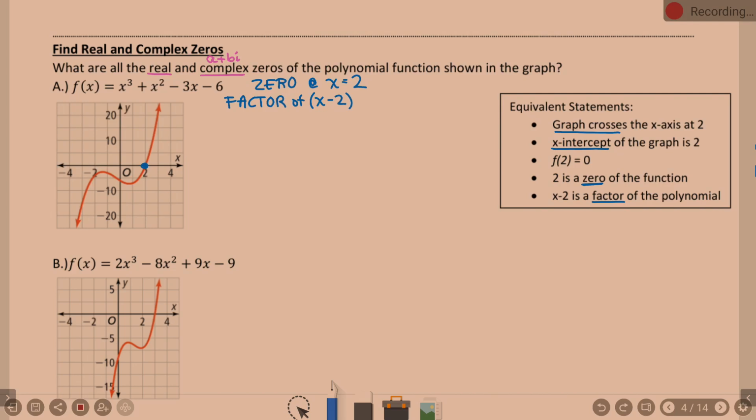What's my highest power? 3. There are 3 zeros or solutions of some sort. The key is, if only one of them's real, what's that mean about the other 2? They're complex, they're imaginary. Okay? So, we need to find those 2.